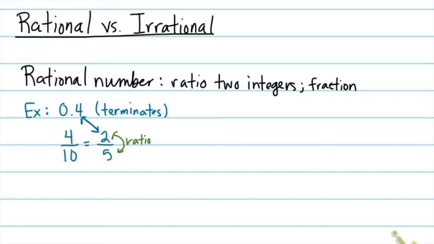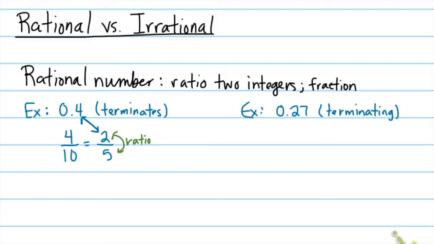Let's do another example. Let's say we have 0.27. Again, this is a terminating decimal, and I want to show that it's rational, meaning a ratio of two integers.